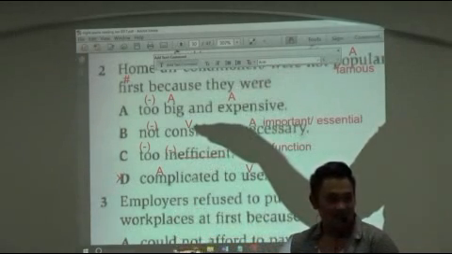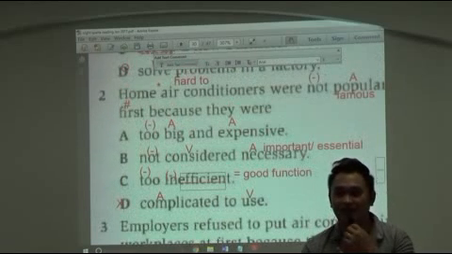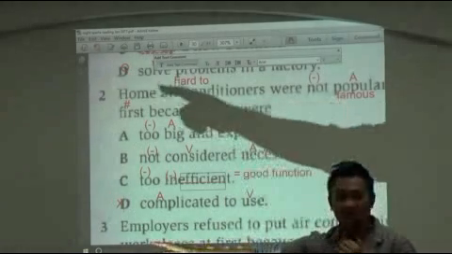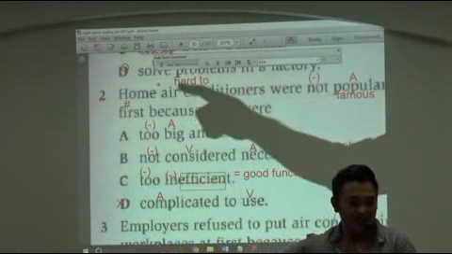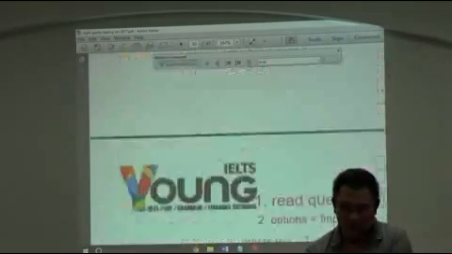In this case, negative, negative. Got it? All right. Now, I'd like you to scan. Can you find the word home or house in the passage? Ready? Start.